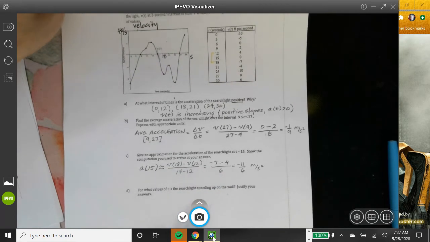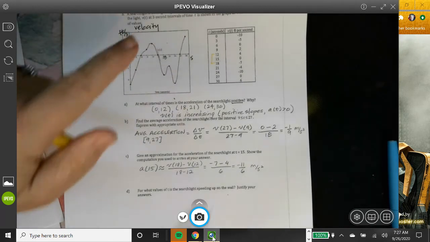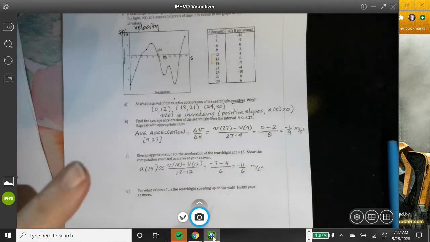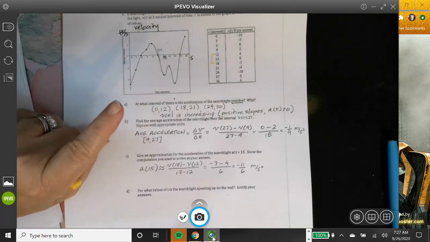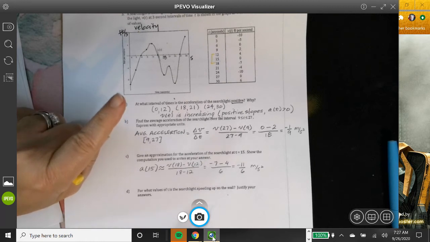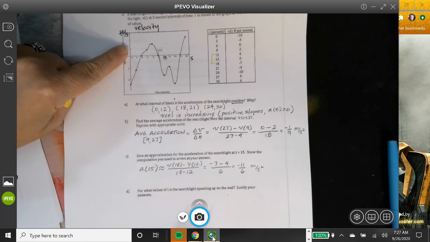All right, D. For what values of t is the searchlight speeding up? Okay, so remember, for speeding up, I have to compare the acceleration values and the velocity values. So I need to know when the velocity is positive and the acceleration is positive. That means I need to know when the y values on the velocity graph are positive and the slopes are positive.